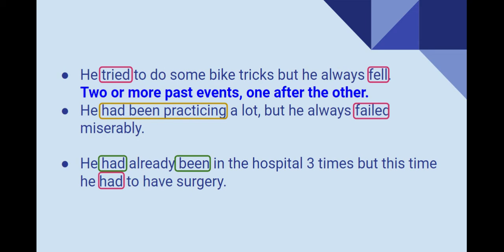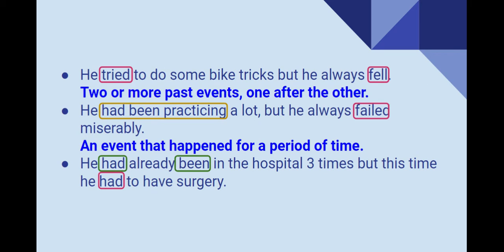Now, we use past perfect continuous when we are going to talk about an event that happened for a period of time. And we use past perfect to talk about an event before another event in the past.